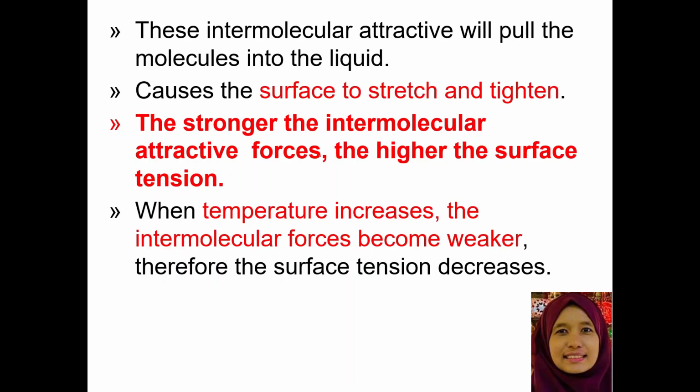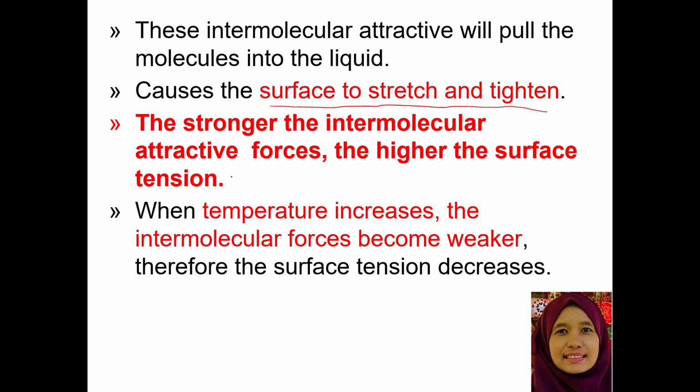So intermolecular force for molecule at the surface will pull the molecule, so the surface tends to stretch and tighten. So we say that if the molecule of liquid have stronger intermolecular force, the surface tension will be stronger.